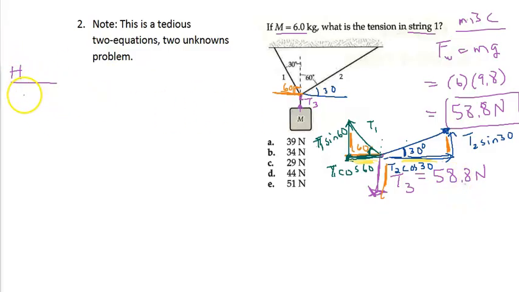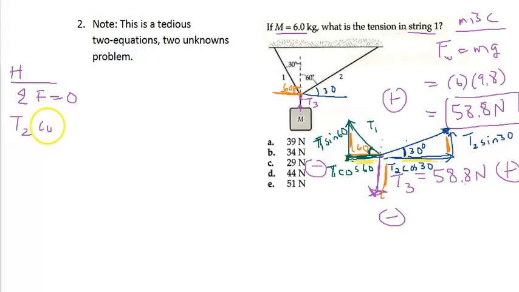Okay, so horizontally, the forces are balanced. I like doing the plus minus, so then you can see this vector's pointing to the positive, so that's positive. So we have T2 cos 30 minus T1 cos 60 equals 0 because those two forces are equal, those components.